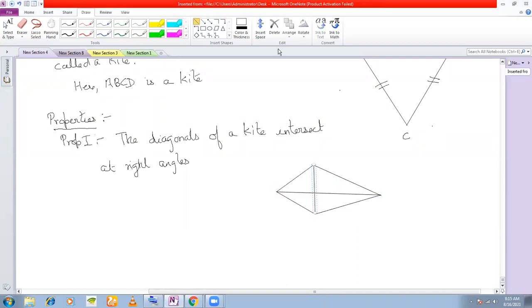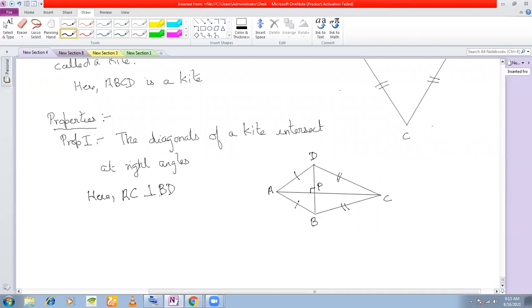Okay, this is a kite, in which adjacent sides are equal. Let us call the point of intersection of the diagonals as P. Then this angle will be 90 degree, or you can say AC is perpendicular to BD.